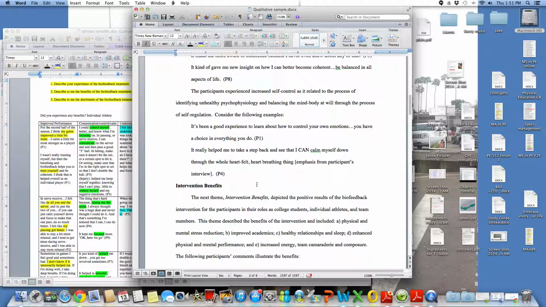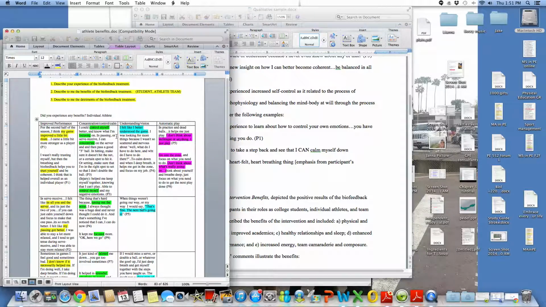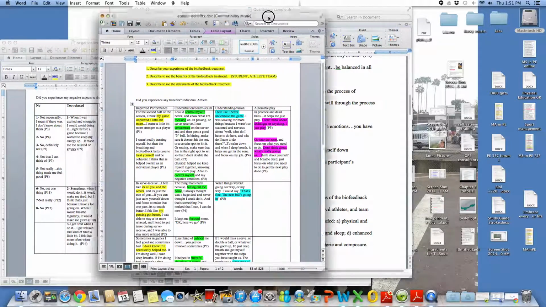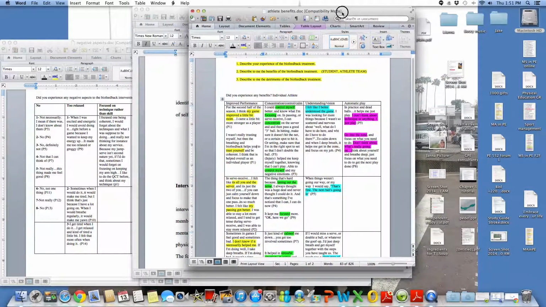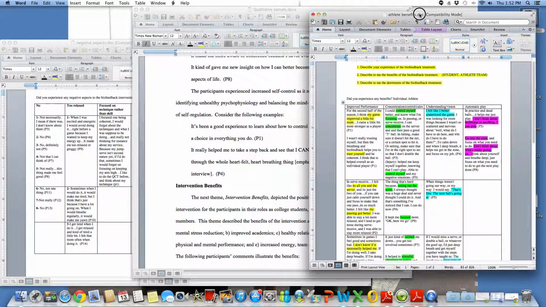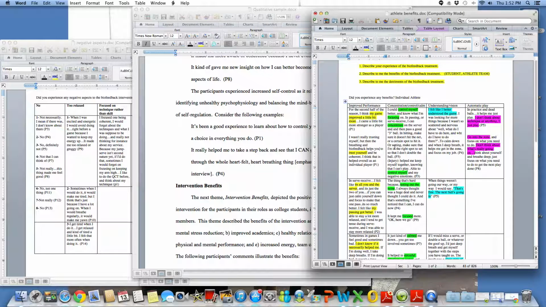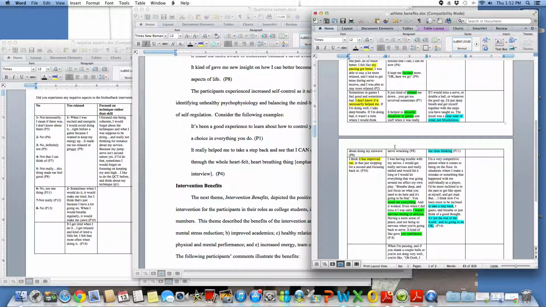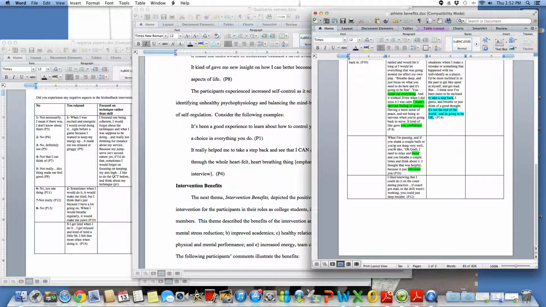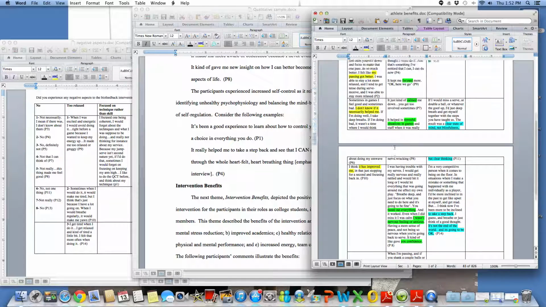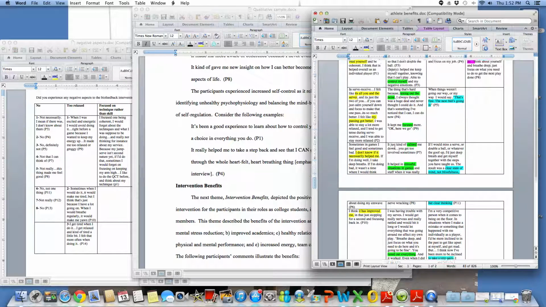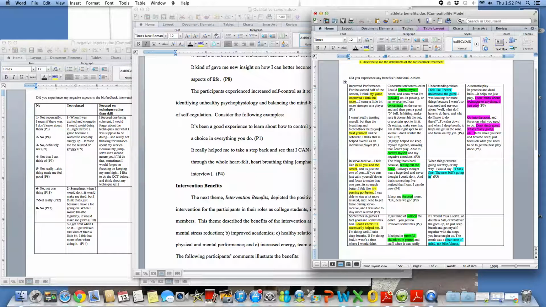Then you can see the second theme, which is the intervention benefits, and that data is on this page here. And this is information that will assist you in being able to disseminate. Notice again, the color coding, which was used on the raw data, and that was on another document, to be able to identify the different areas or the different sub-themes as they relate to the interview question.